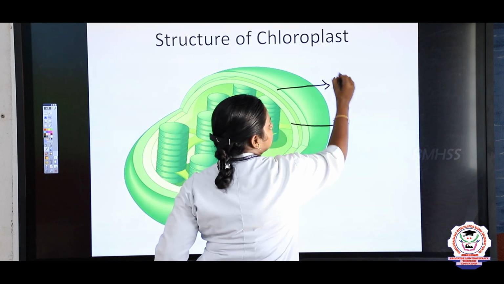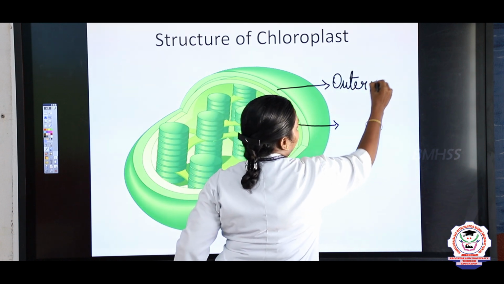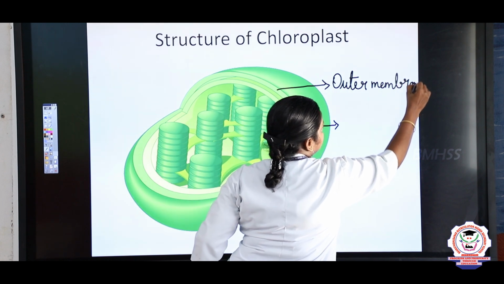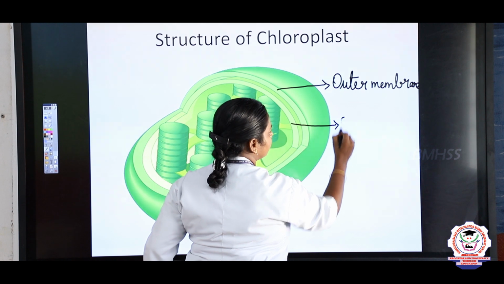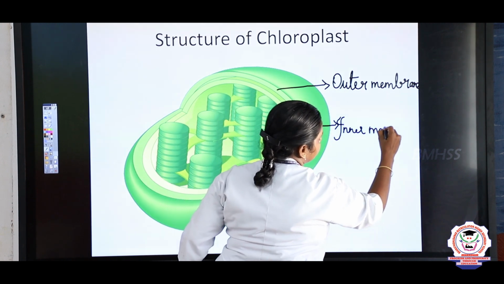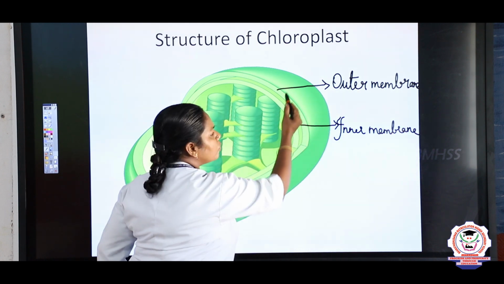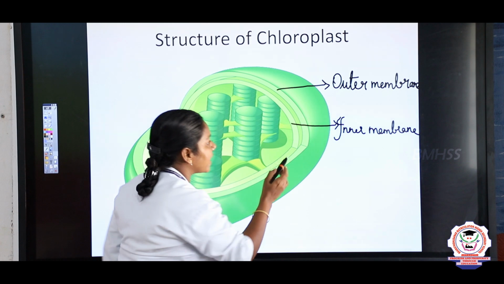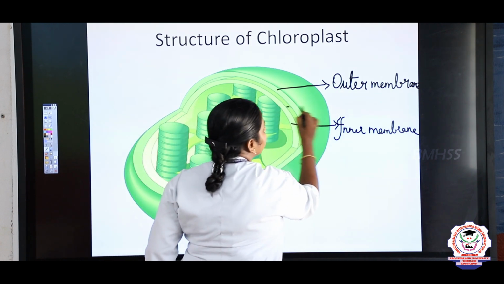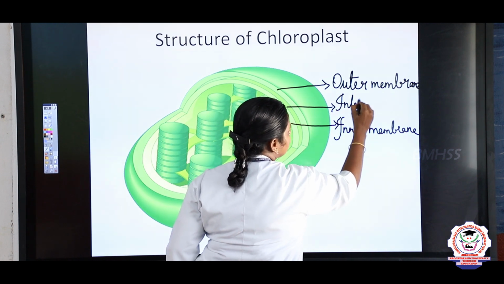What is the first part, children? Outer membrane. And the next one is the inner membrane. Between the outer and the inner membrane there is some space, which we call the intermembranal space.